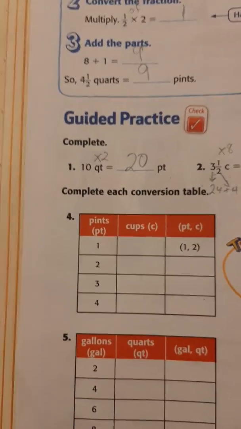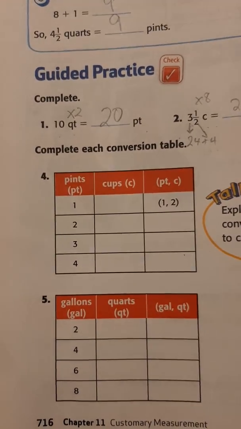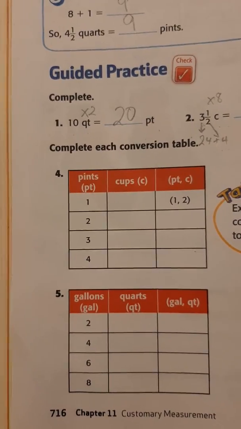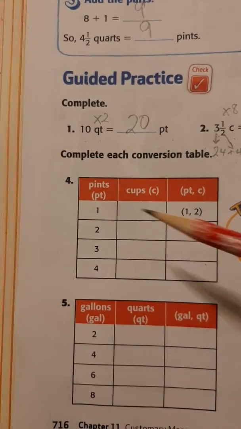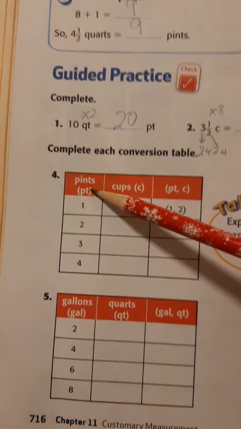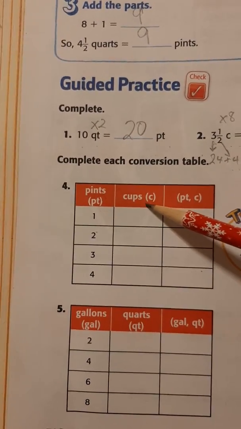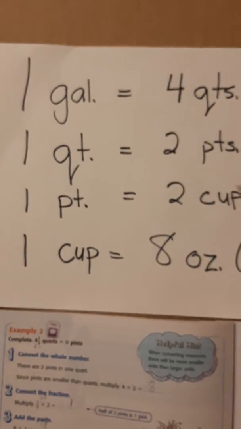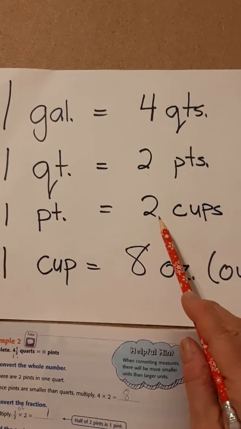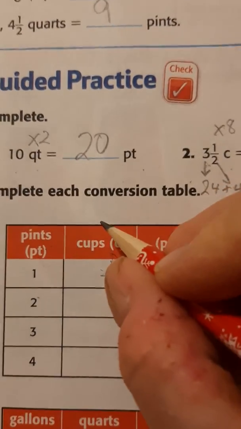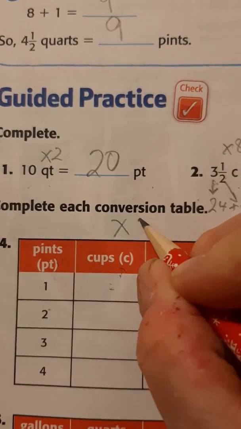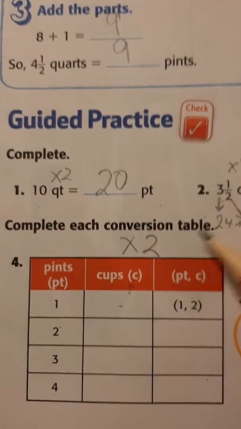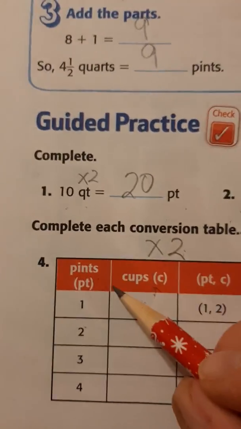Now these charts, we had a really hard time with these when we were doing feet and inches and everything, but I've thought of an easier way to do this. So let me show you my trick. They want to know this many pints equals this many cups. So we look at our chart. How many cups in a pint? 1 pint equals 2 cups. So over this, you're going to write times 2, because there are 2 cups in 1 pint.